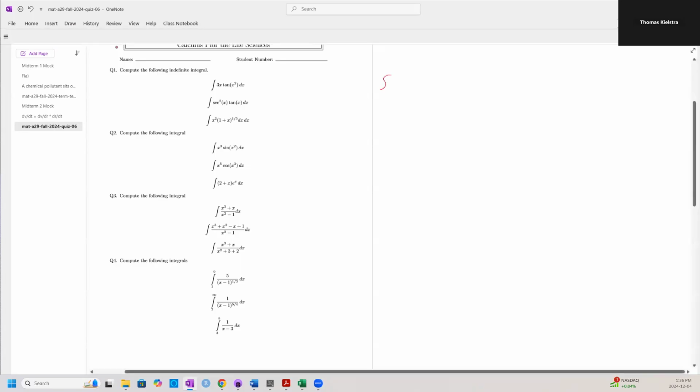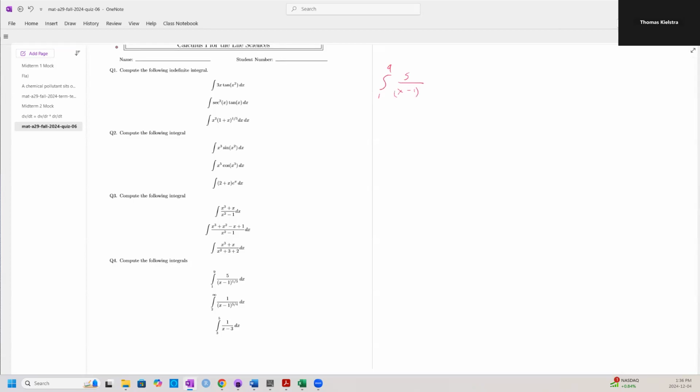So if I take the integral from 1 to 9 of 5 over (x minus 1) to the 1/3 dx, because I have a discontinuity at x equals 1, I have to take the limit as a approaches 1 from inside this bound.